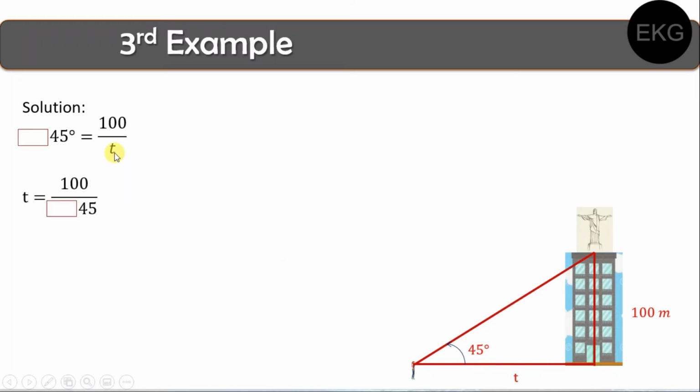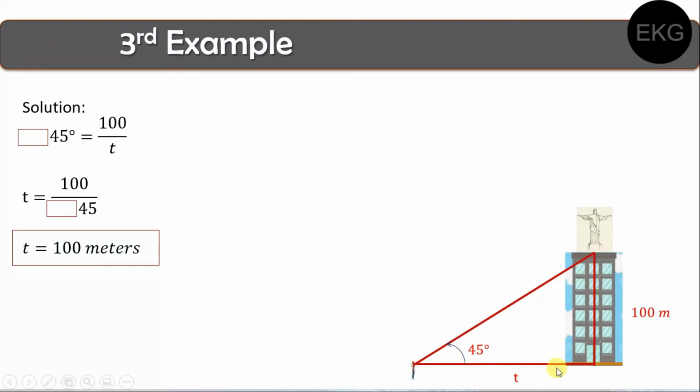And of course, we cross-multiply. The t goes up here, and this one goes down here. Now, if you used the correct trigonometric function, we will arrive at the same answer of 100 meters. Meaning, Cynthia's distance from the base of the building and the height of the building are the same.